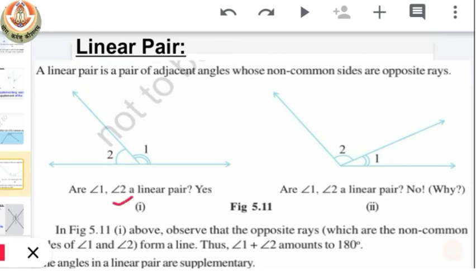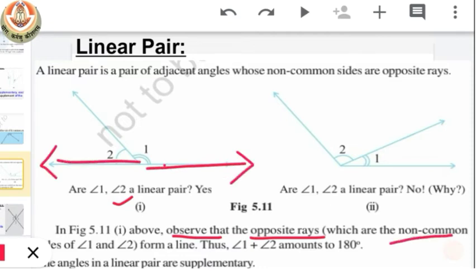In the first example, observe the opposite rays. These are the opposite rays, and they are also the non-common arms for this adjacent figure, in which we have angle 1 and angle 2. When we add angle 2 and angle 1, we get 180.